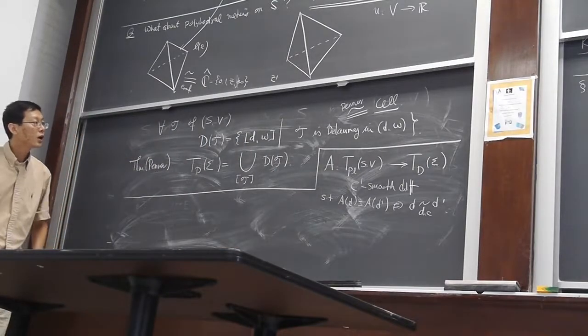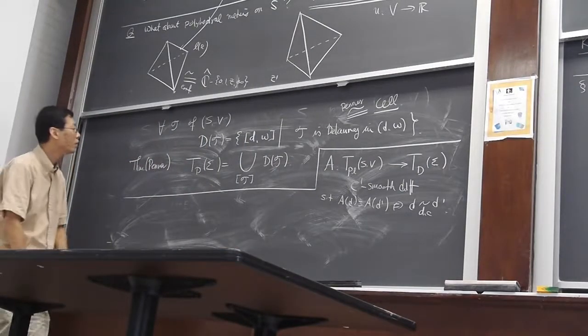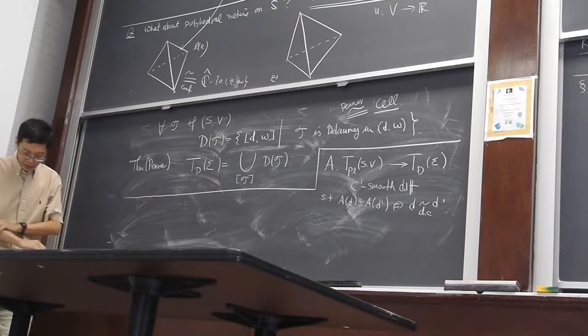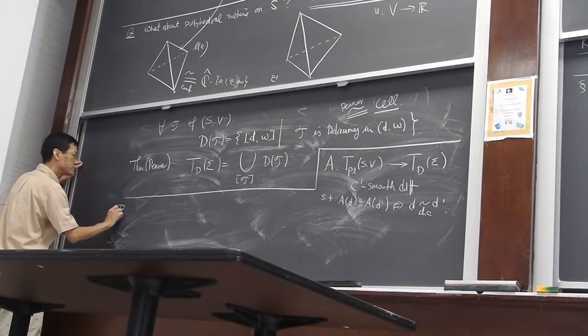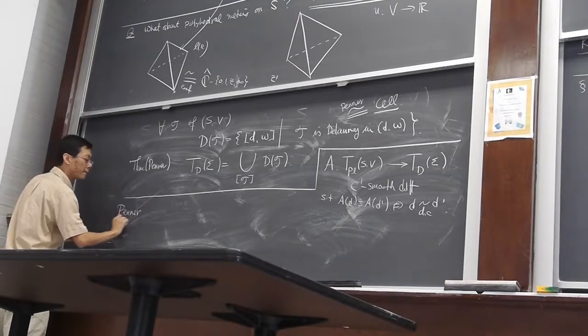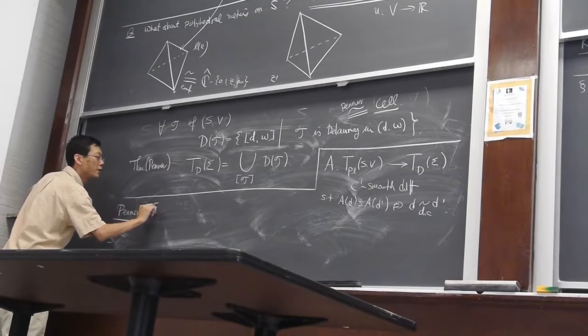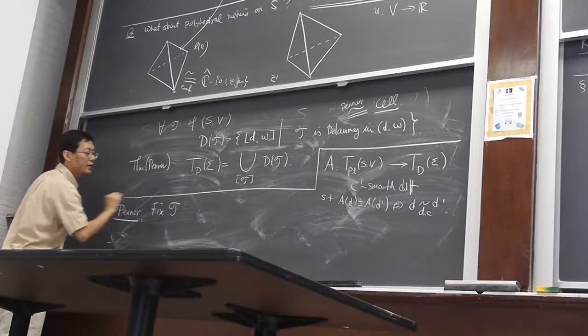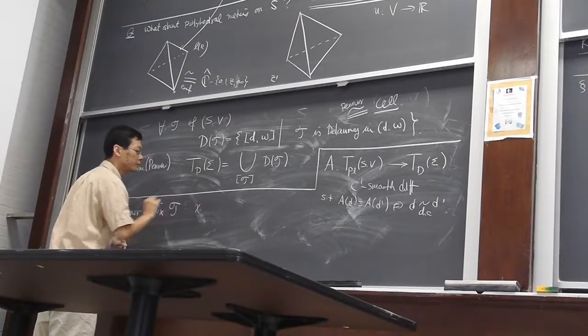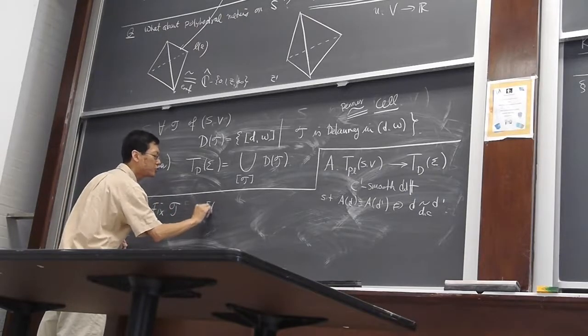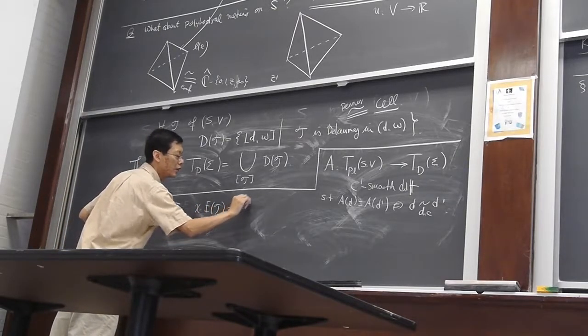Okay, so how does that go? Well, Penner produced something called lambda coordinates for it. And so it is Penner's construction. Let's fix a triangulation, and I assign every edge of the triangulation a positive number.